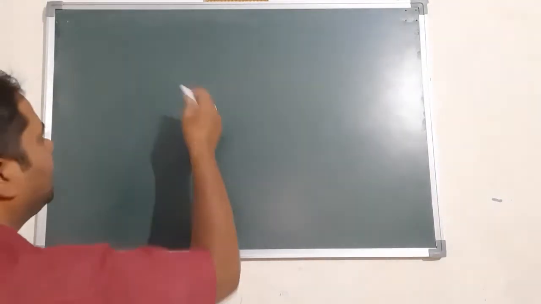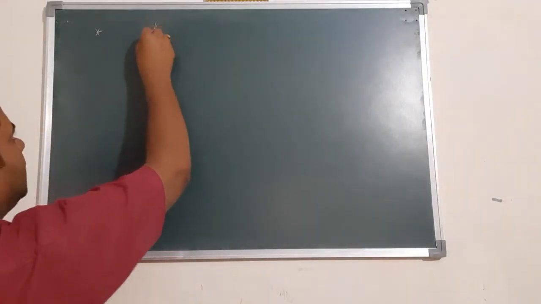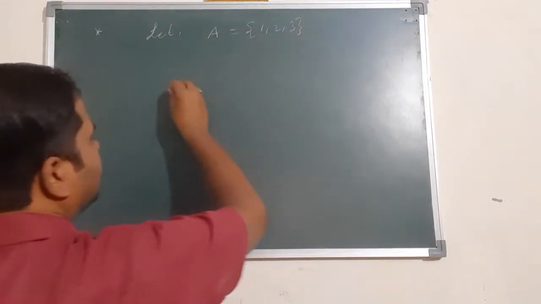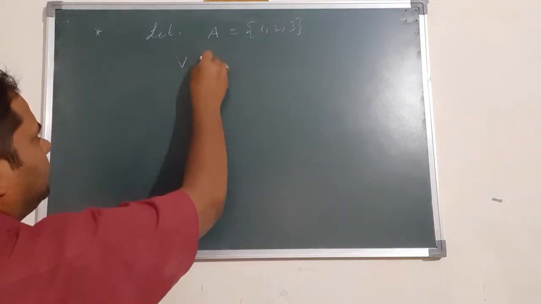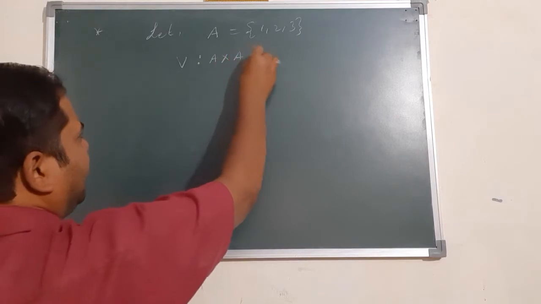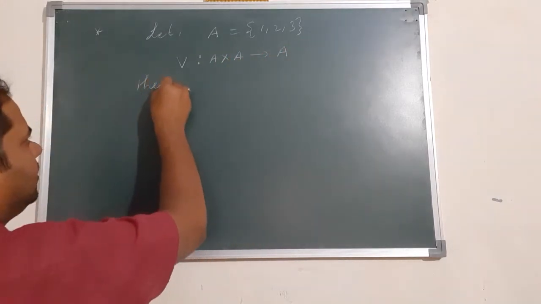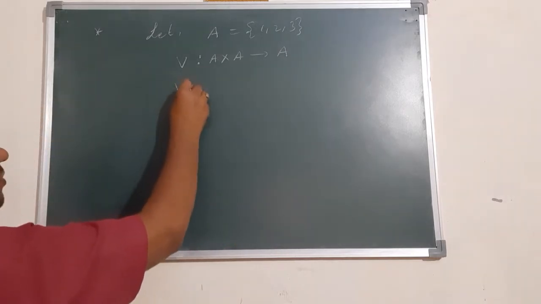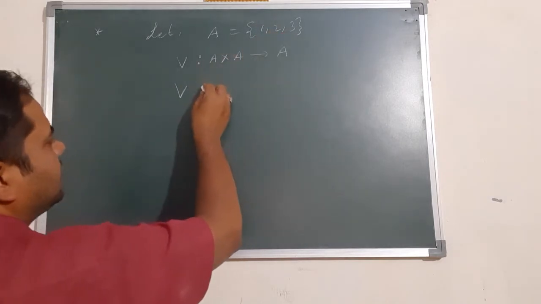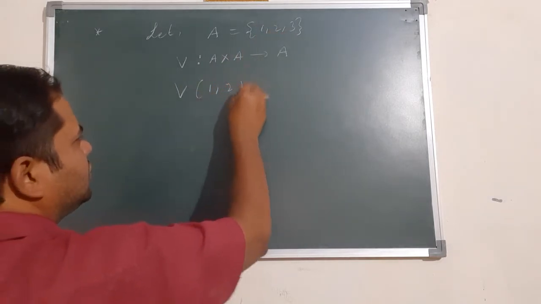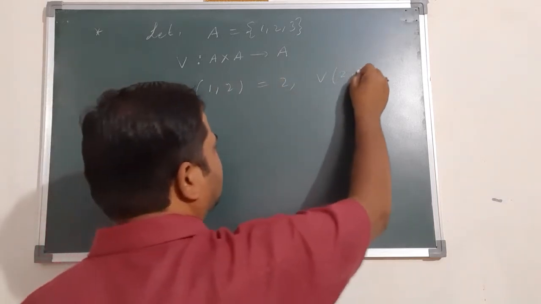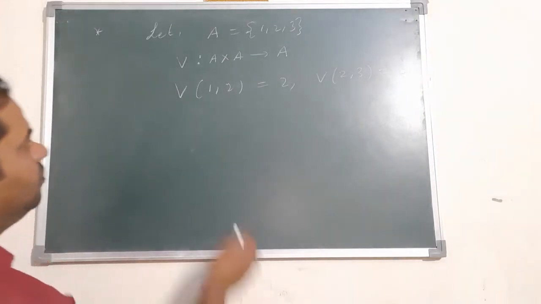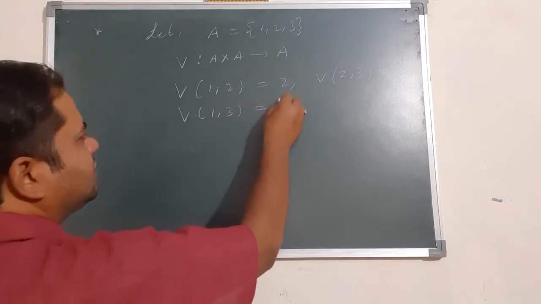Okay, now see, suppose let A be a set containing 1, 2, 3, and we define the function maximum from A cross A to A. Then what is the table for that? Maximum of 1, 2 is 2, you know. Maximum of 2, 3 is 3 only, and maximum of 1, 3 is 3.